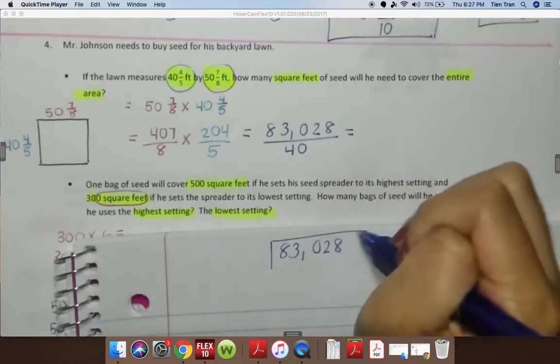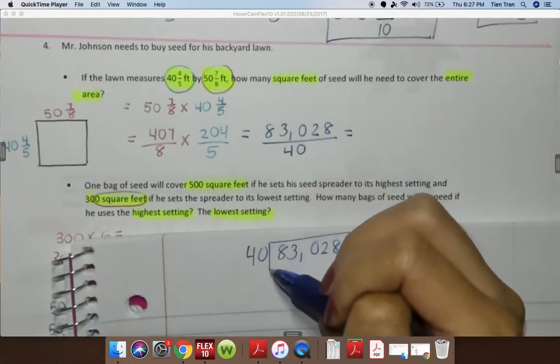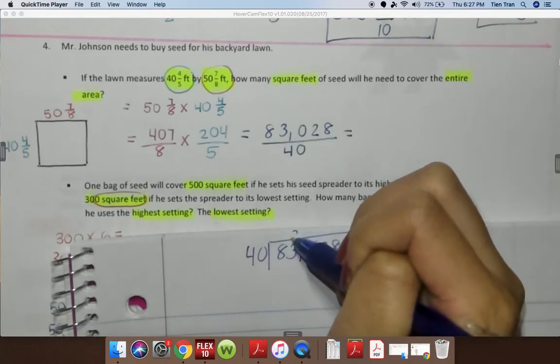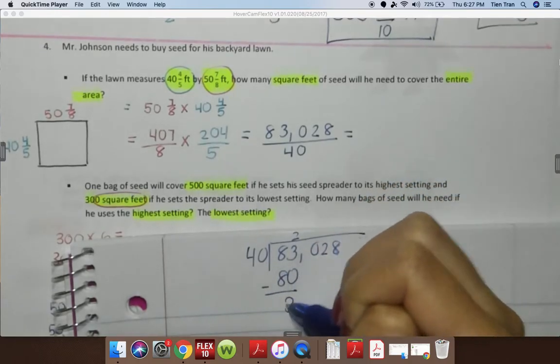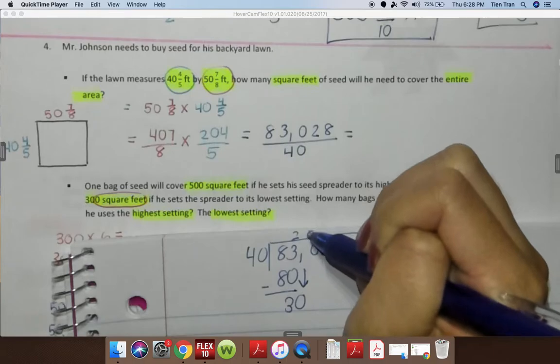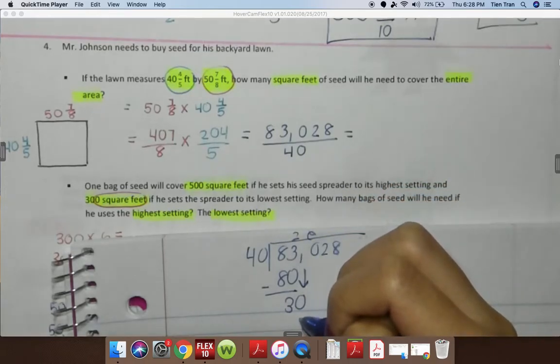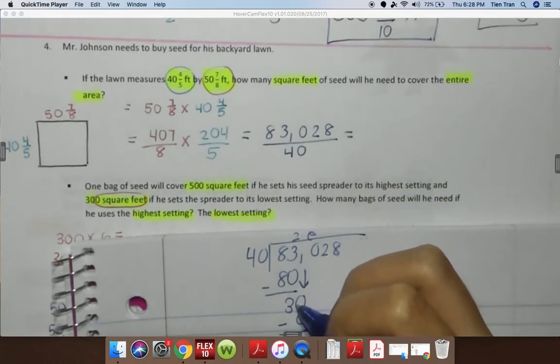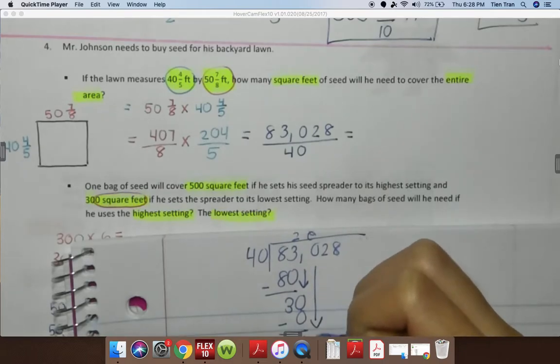So I have 83,028 divided by 40. I know that 40 can go into 83 twice. I'm going to subtract to bring down my 0. And subtract again. Bring down my 0.